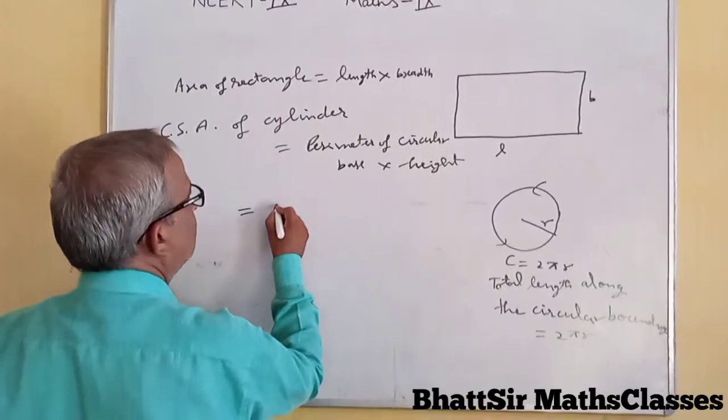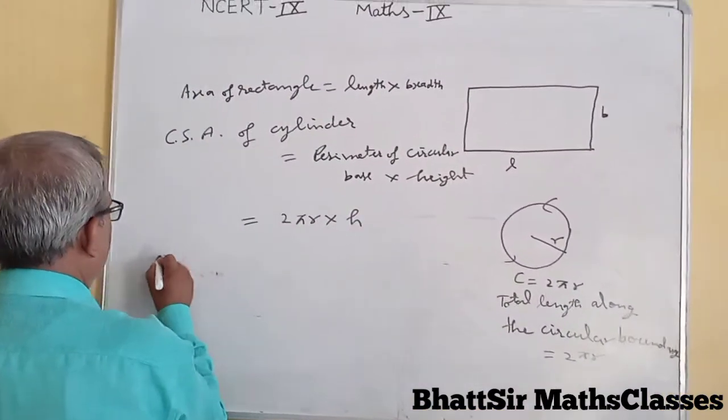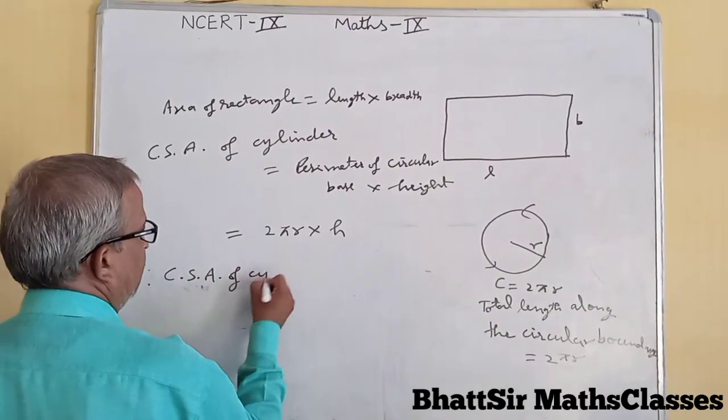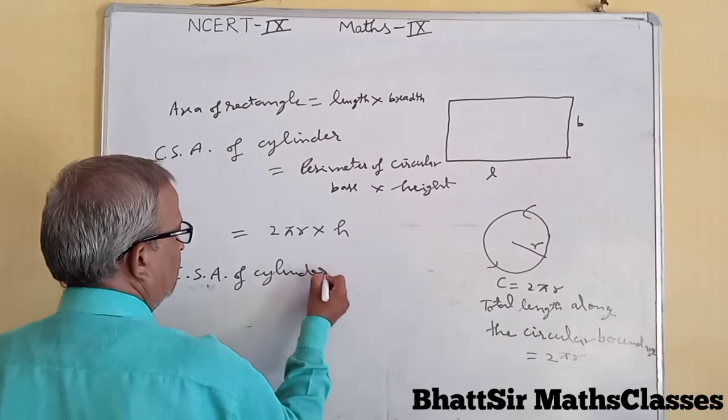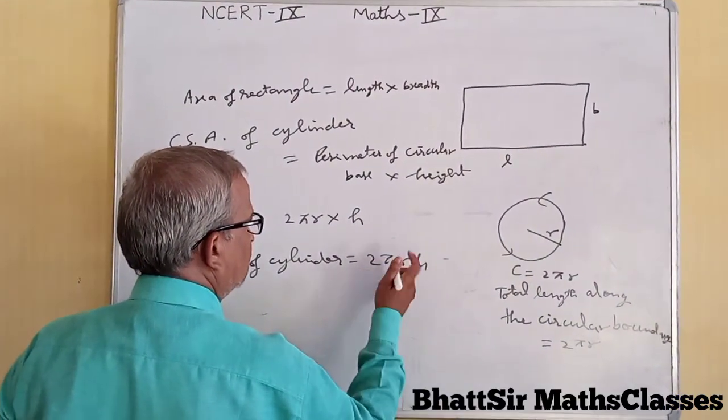Therefore 2 pi r into h. Therefore the CSA of cylinder is 2 pi r h.